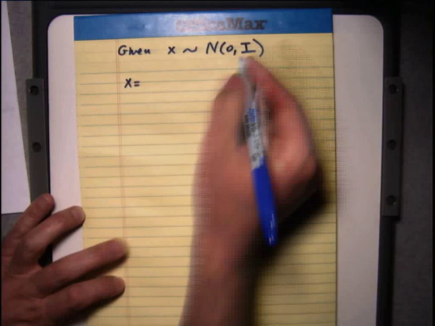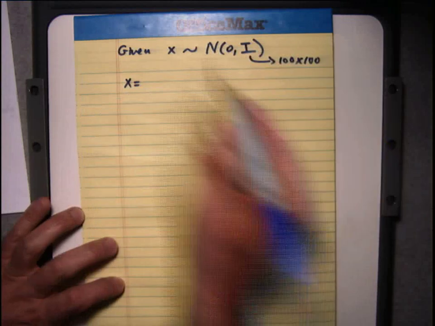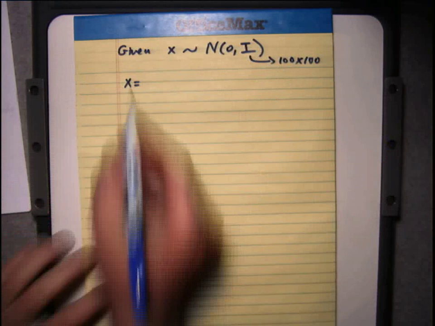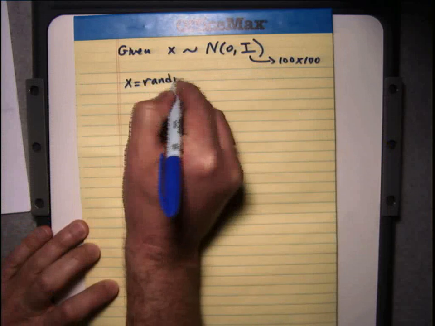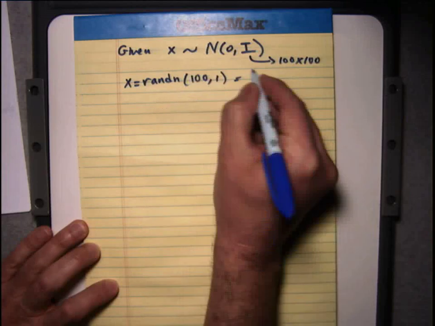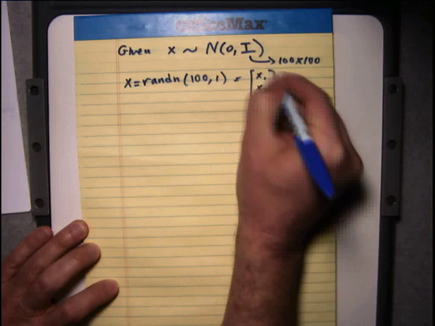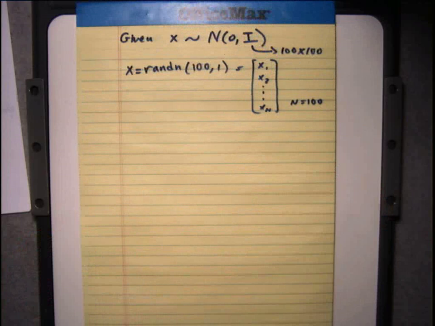Let's say this I is 100 by 100, so that x is a 100 by 1 vector. Okay? So the way you generate this in MATLAB is you just say x equals randn(100,1). And this produces a vector like this, x1, x2, through xn, where n is equal to 100. Okay? So this is how you do this in MATLAB.